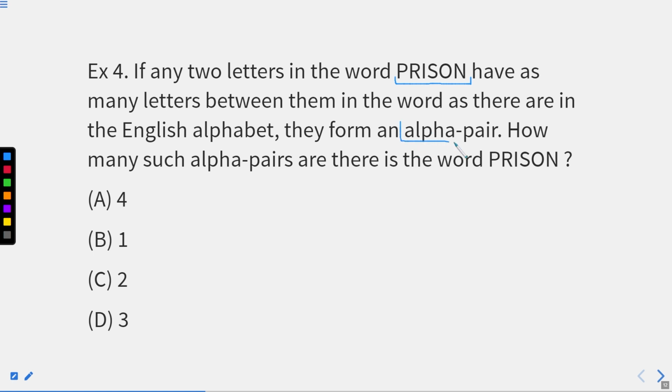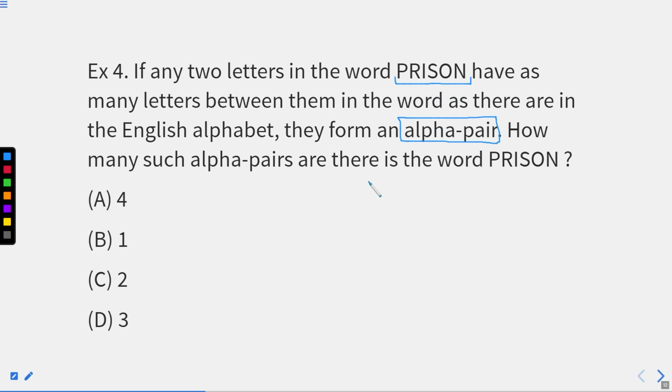So students, mark this word, alpha pair. This is going to be the important concept from this particular question. So alpha pairs are those pairs which have the same number of letters between them as they have in the alphabetical series. So you are given a word named prison. You are supposed to find how many alpha pairs are there.